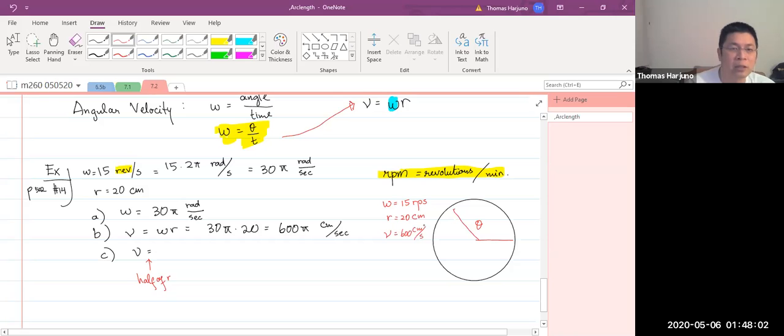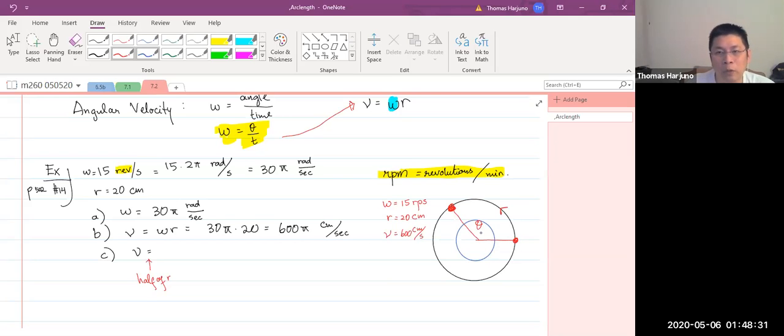Now, part C, they changed the question. What happens if you have the same angular speed, however, your radius is only 1/2? If one point is moving along this path with the same angular speed, it will be moving from here to here.